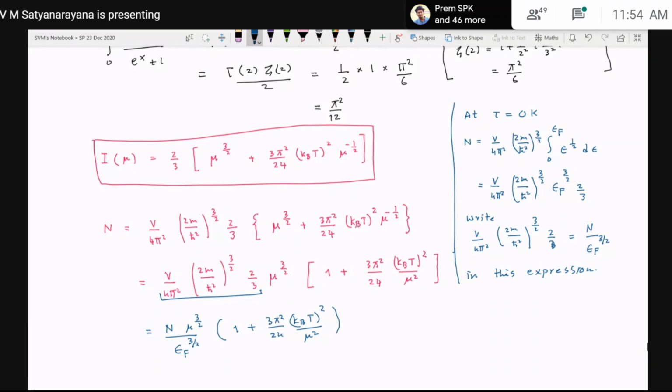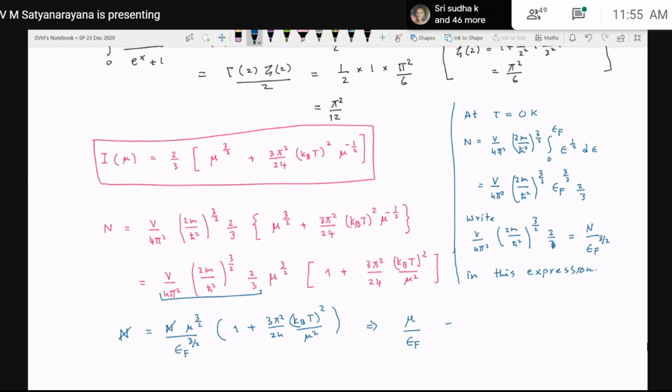So now you can see that this is what is your n. So this n will cancel, and you will have something like mu divided by epsilon f.